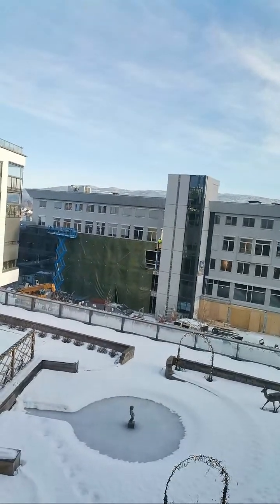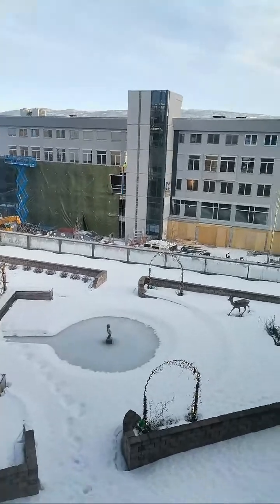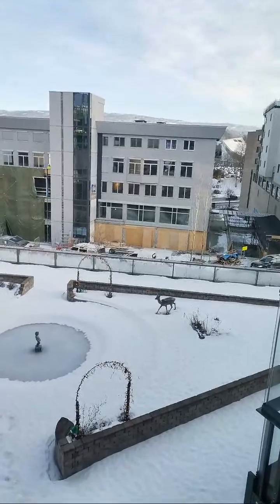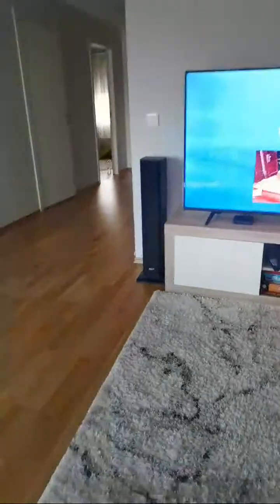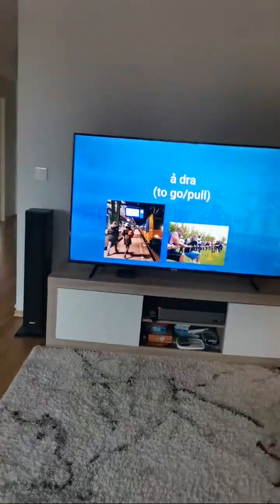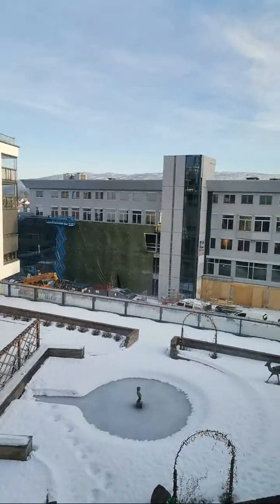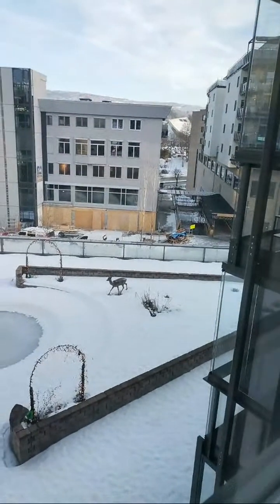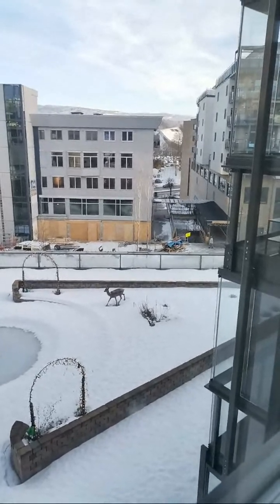Allerede. Å lage. Å dra. Å se. Mye. Mere. Å leve. Hver eneste, or hvert eneste.